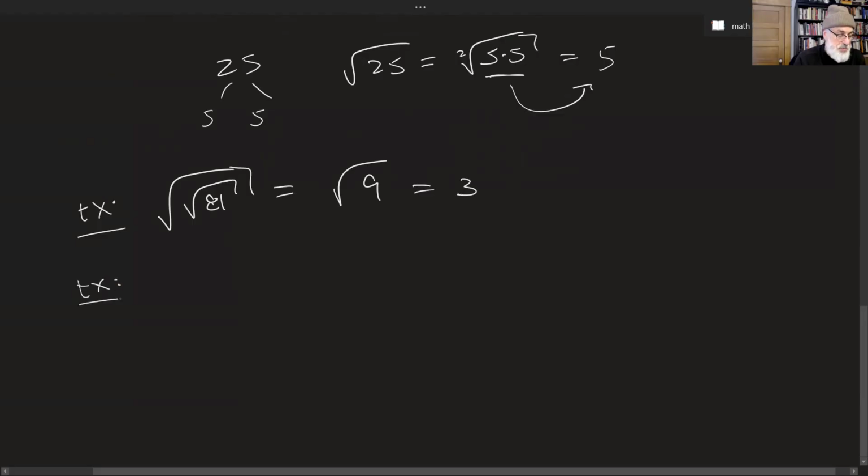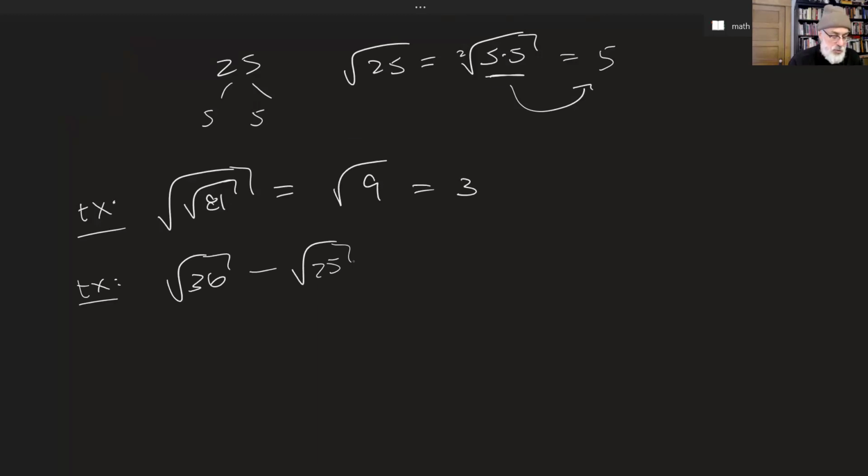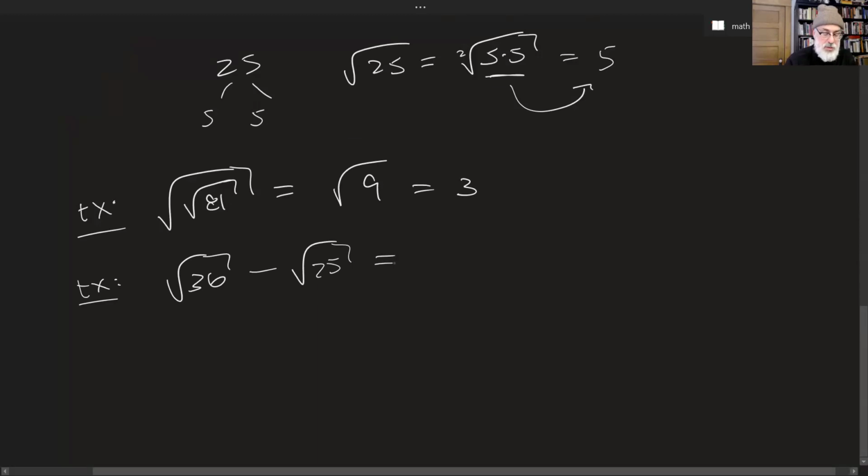Another quick example is that we can do arithmetic with roots, just like we can with any real number. These are real numbers, so we can add, subtract, multiply, and divide them. There'll be some rules we'll see later on what we can do and when. Now, the square root of 36, if I want to look at a factorization, is 6 times 6.